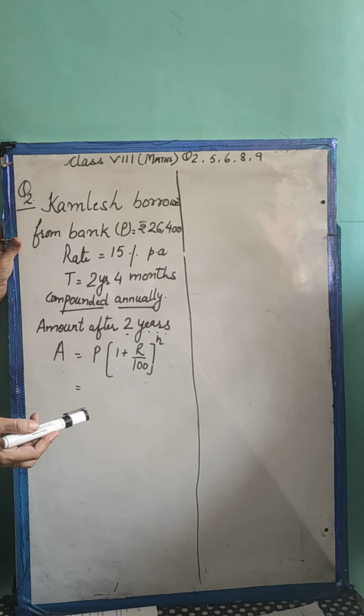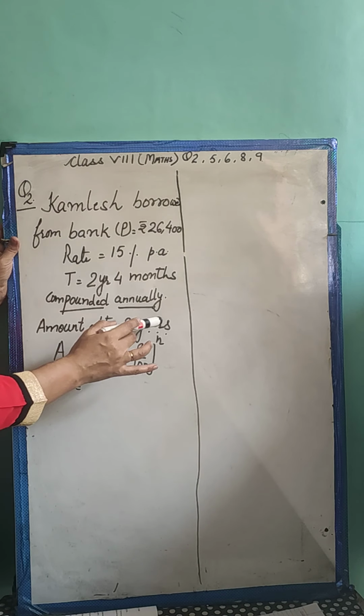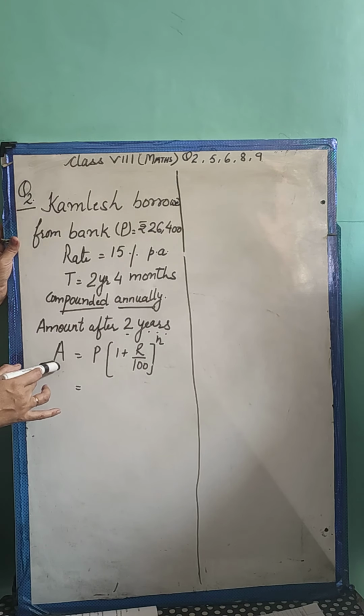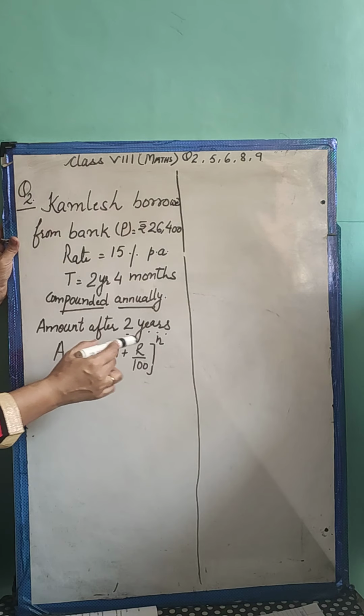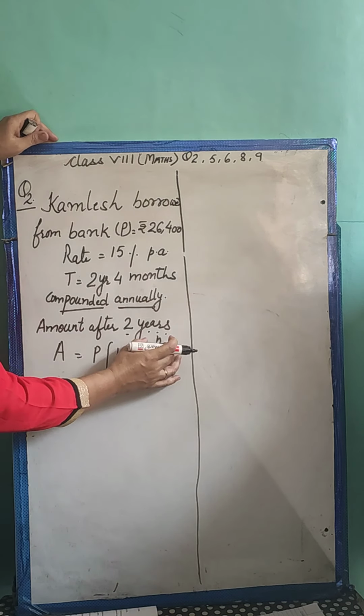So what will we be doing? Let us see here. First we will get the amount after 2 years. What is the formula for amount? A is equal to P into (1 plus R by 100) raised to power n, because I am finding the amount after 2 years.